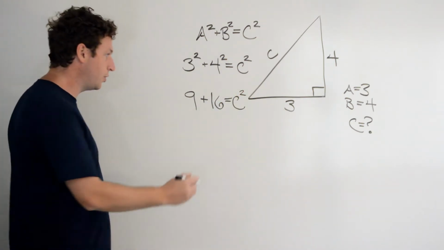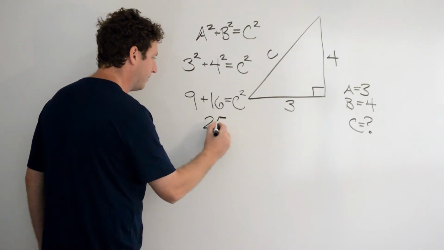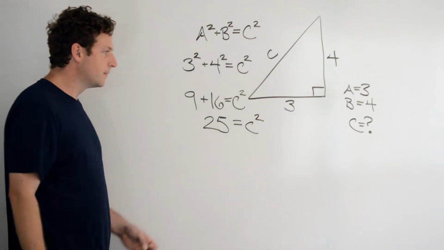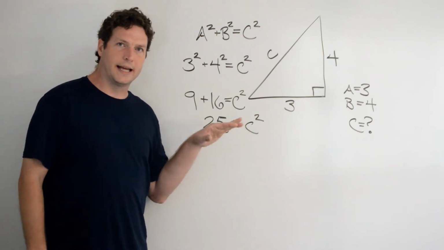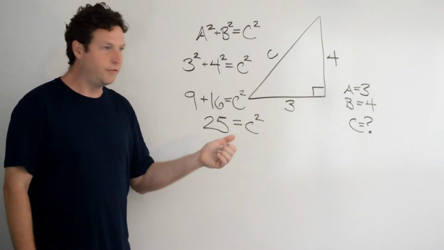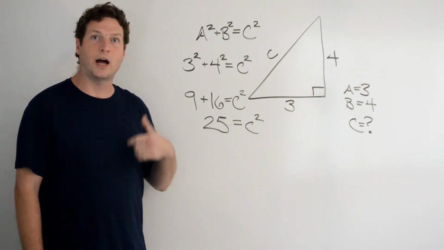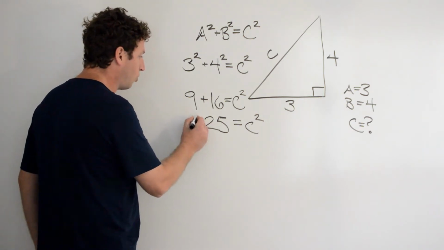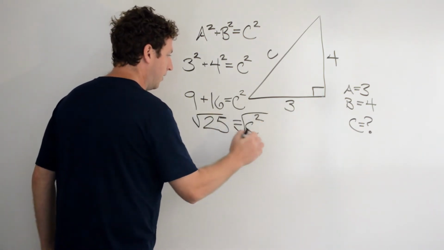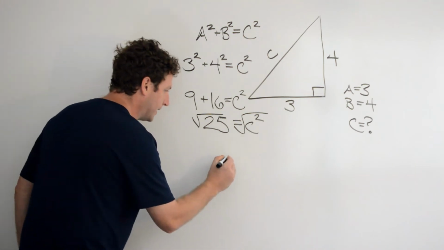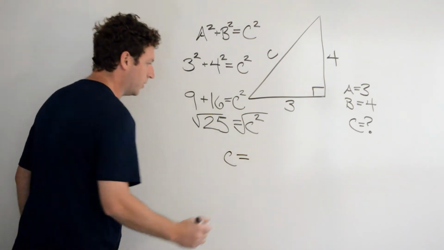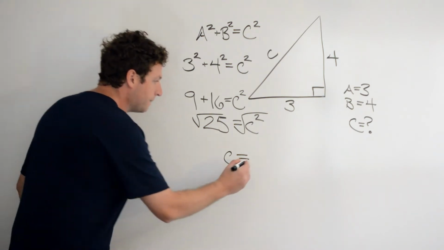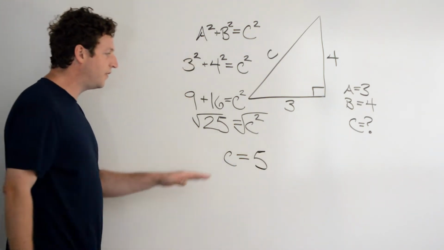Now if I add these two together, I'm going to get 25. 25 equals C squared. C squared means C times itself, so it must be a number times itself equals 25. So if I take the square root of each of these, I'm left with C equals, and 5 times 5 equals 25, so the square root of 25 is 5.